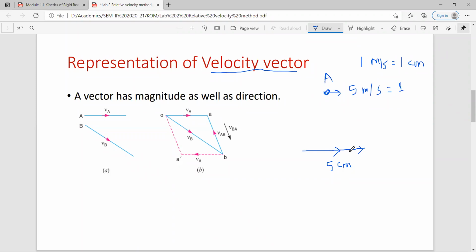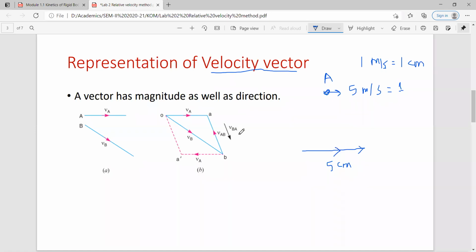Okay. So let us assume that we have measured the velocity of point A with respect to some fixed reference. Now you remember that whatever is the direction of this arrow, it shows the velocity of that point.